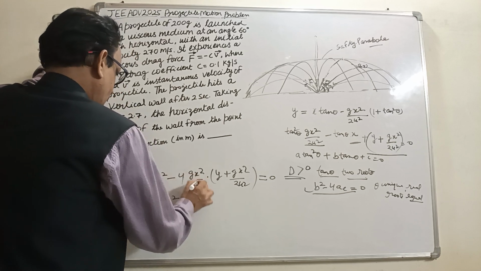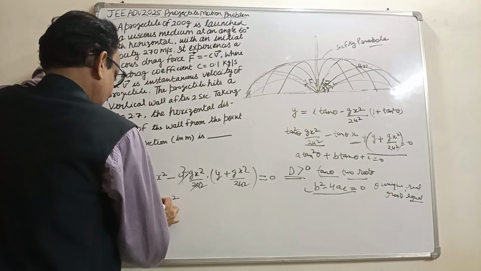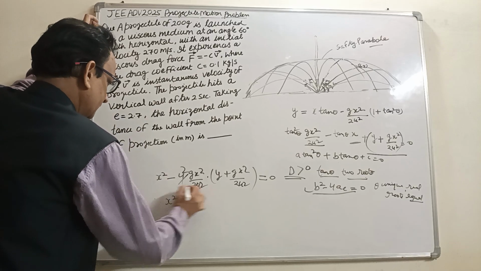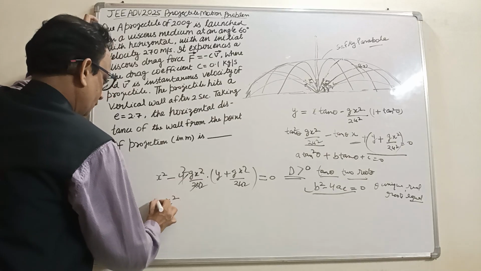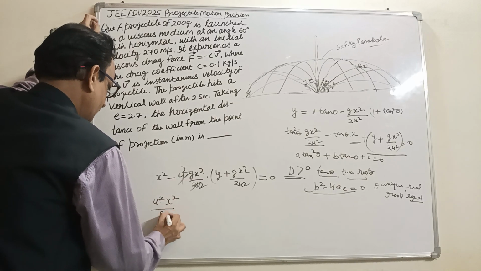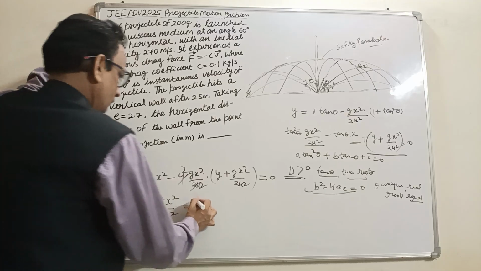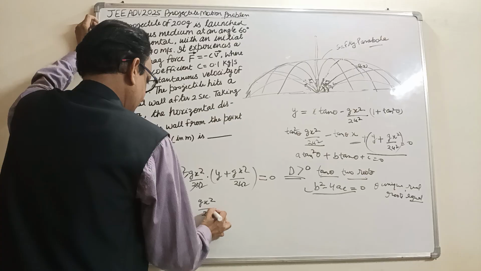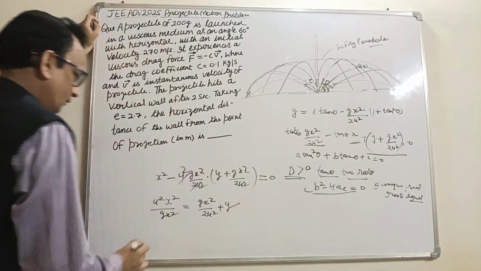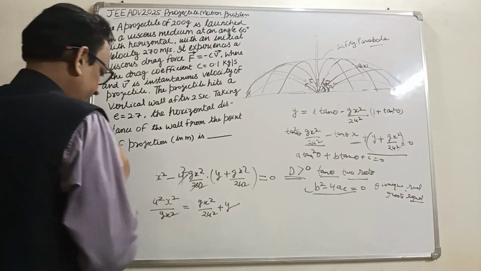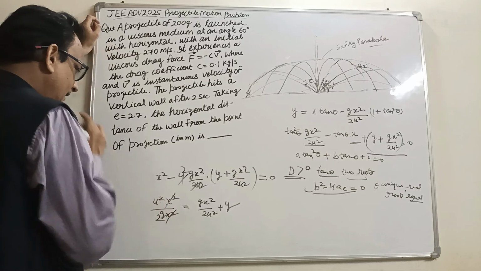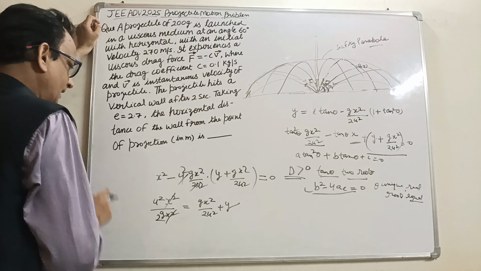and this 2 would cancel out. So this becomes x square, this is u square upon gx square is equal to gx square upon 2u square plus y. So on shifting this term, x square cancels, and this is 2u square, this is 2gx square.